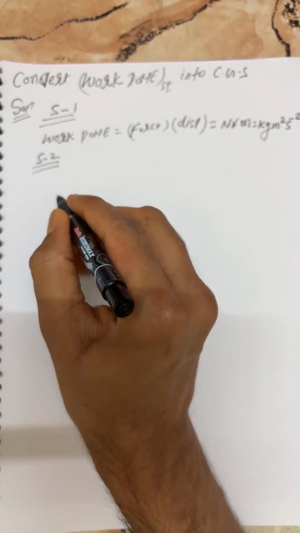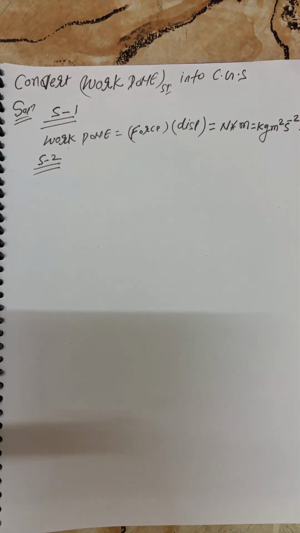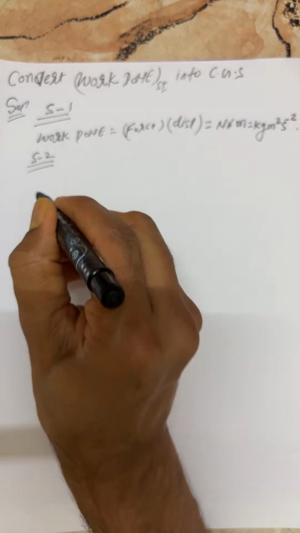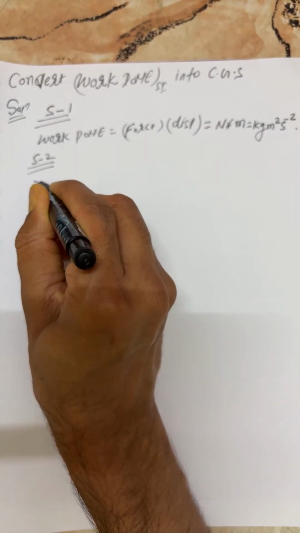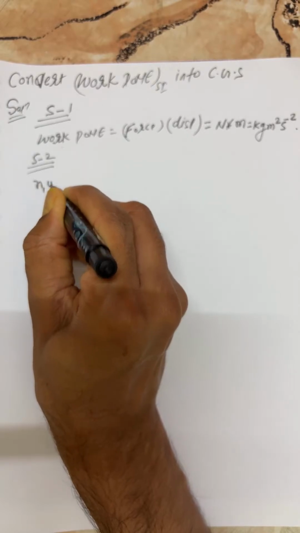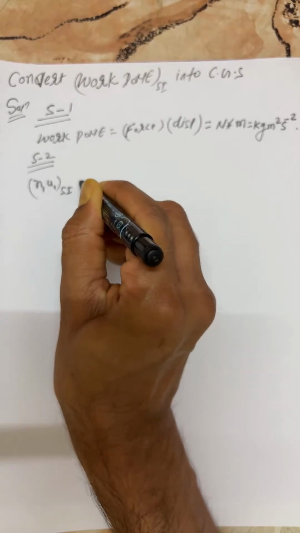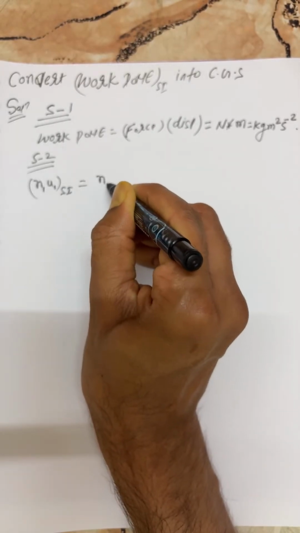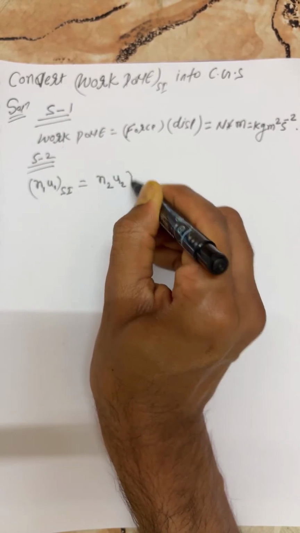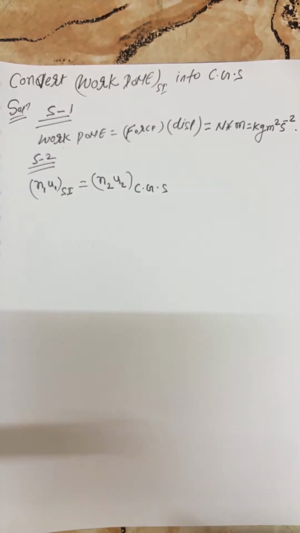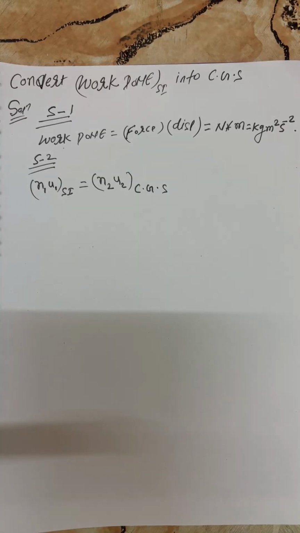Using the formula of magnitude of physical quantity: n1 u1 in SI unit is equal to n2 u2 in CGS.